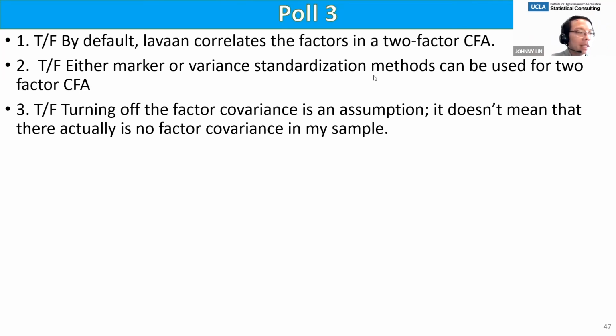But I just want to be clear, because a lot of people are like, okay, so if I remove the covariance, does that mean my factors aren't correlated anymore? Yes, but that's an assumption, right? Just because you say it's 0 doesn't mean it's actually 0. The data is the data, right?